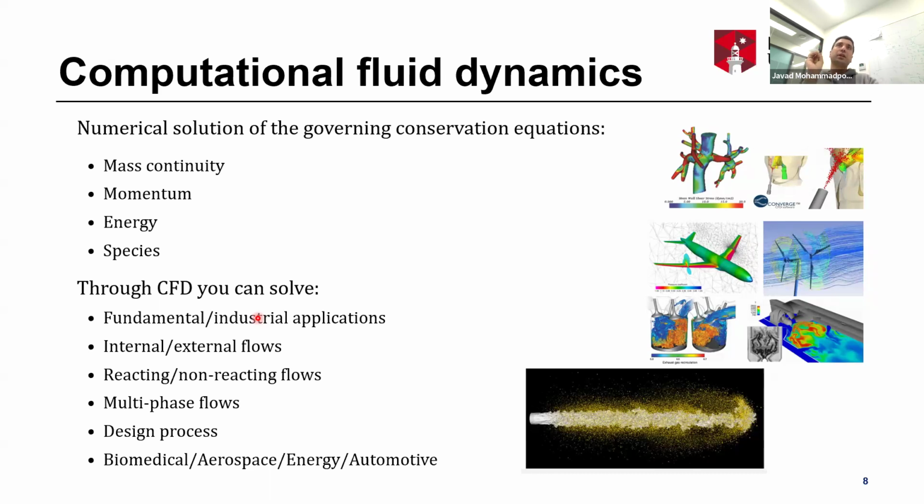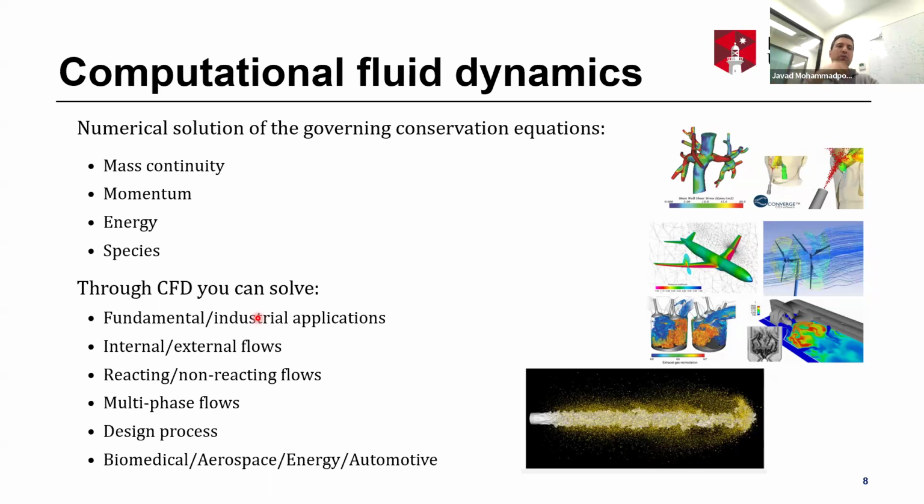Then we injected the nanofluid, as a mixture of liquid and solid, into the air. So at the same time, we had air, liquid, and also solid. So it depends on your problem.